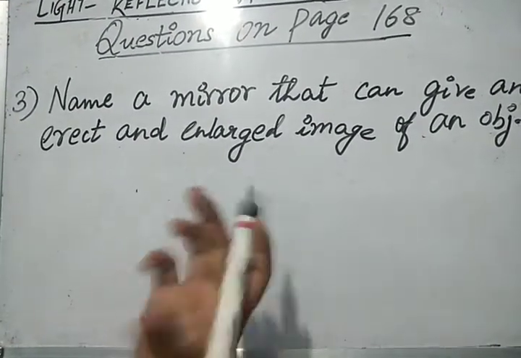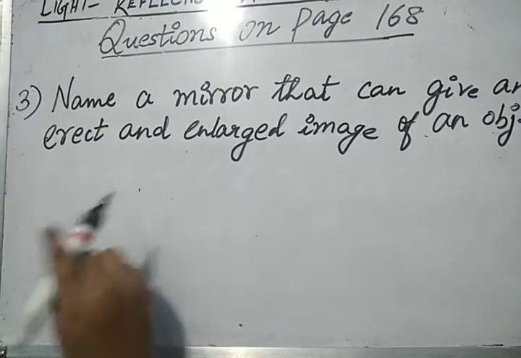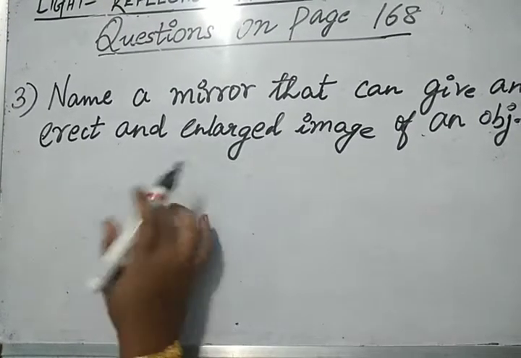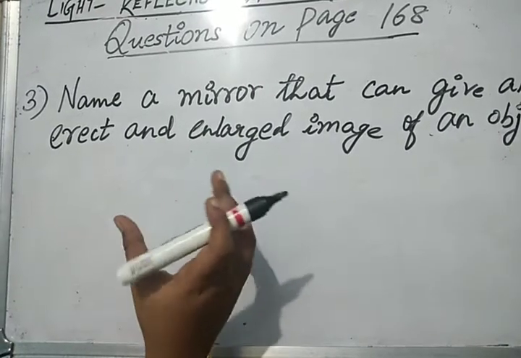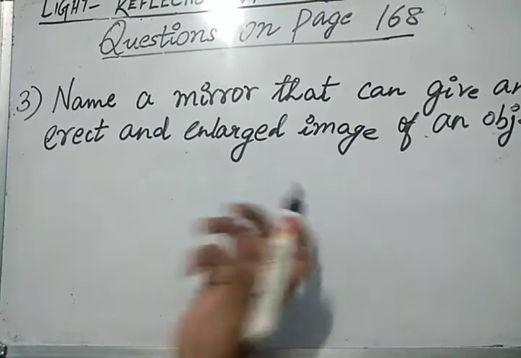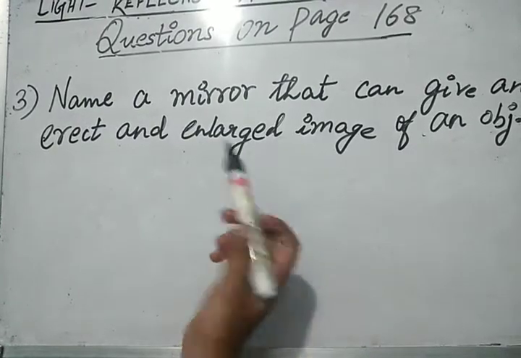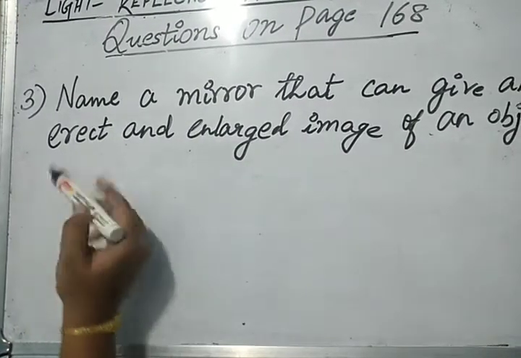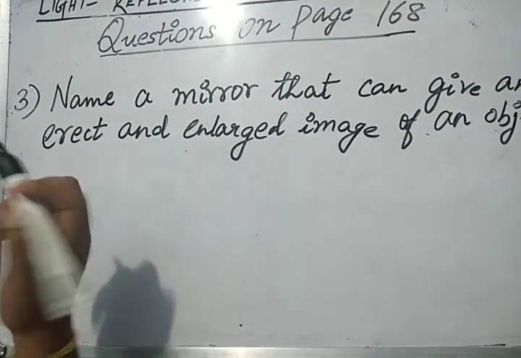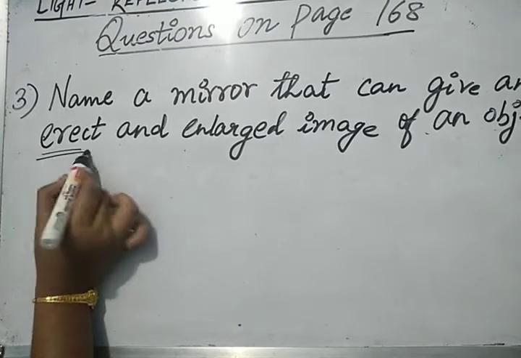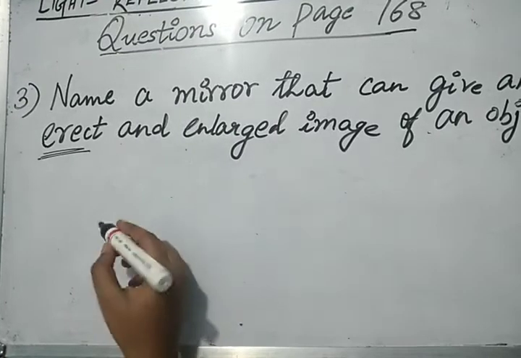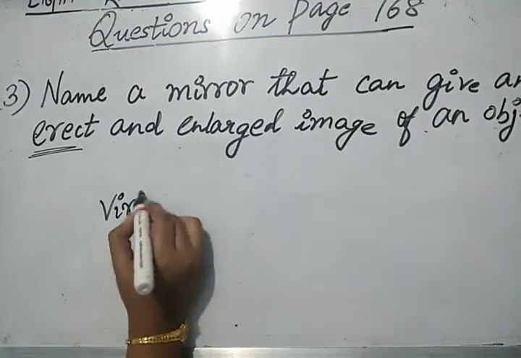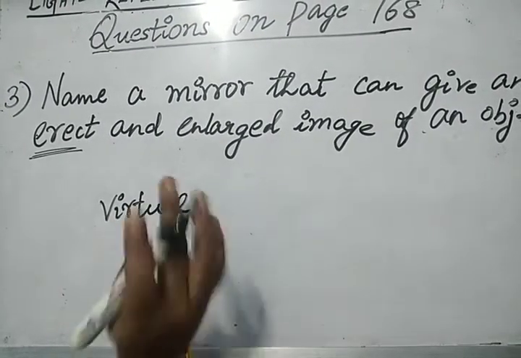Now when you recall all the ray diagrams, we have studied the ray diagrams for convex and concave mirrors, and we know the characteristics of images formed by plane mirror also. Now you see the question, your question is in the given part itself, you can see a word is used, erect. So erect itself shows that a word called virtual will definitely be there.